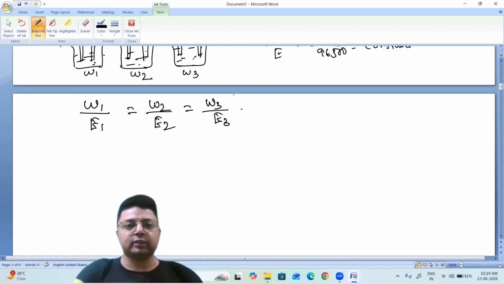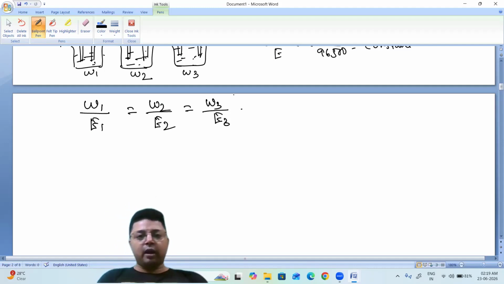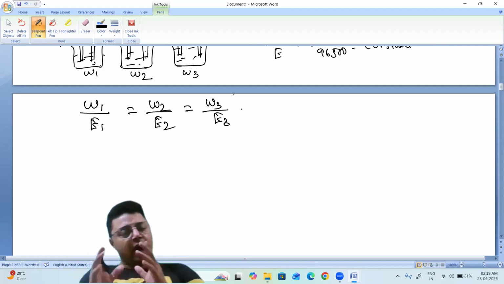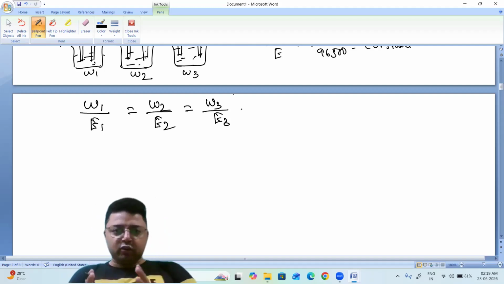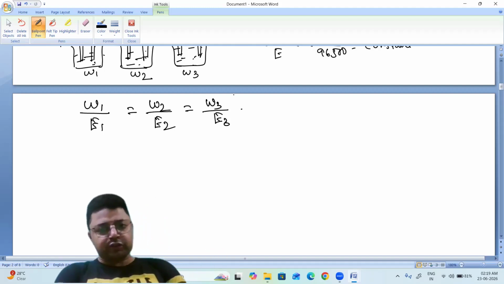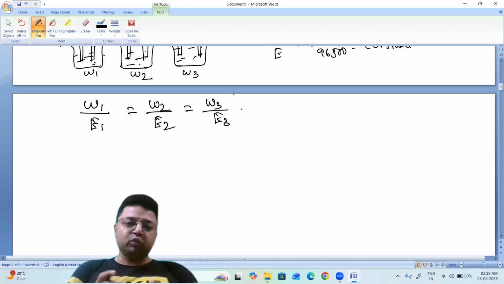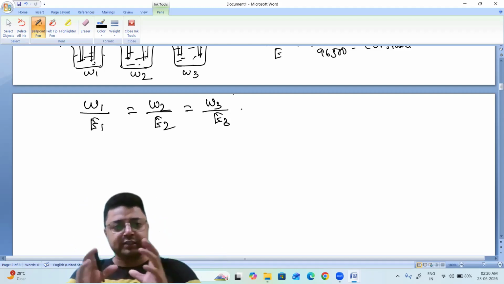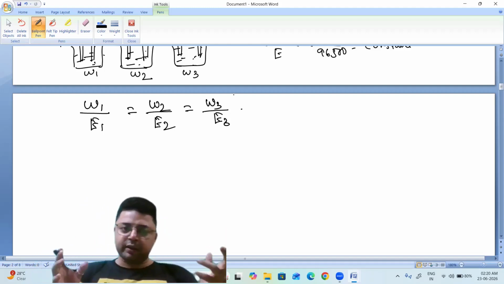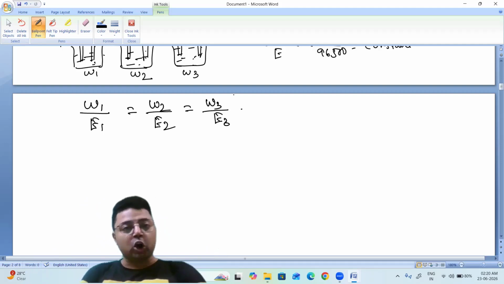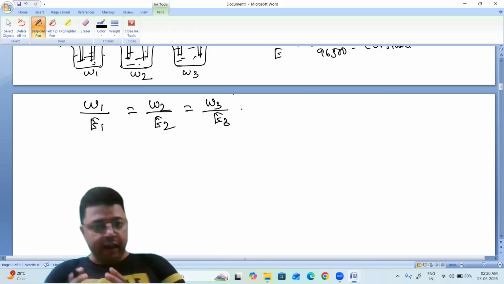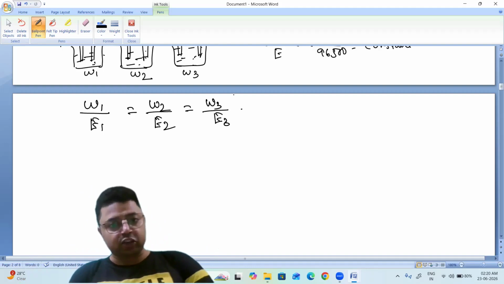As I is constant, the time is constant, and 96500 is always constant, this W by E, the weight deposited of the metal by the equivalent weight of the metal, will always be constant if we are putting the same thing in series. So this is Faraday's second law of electrolysis.